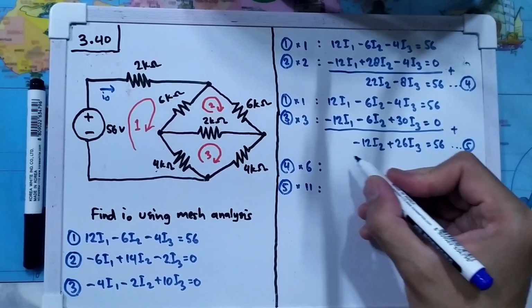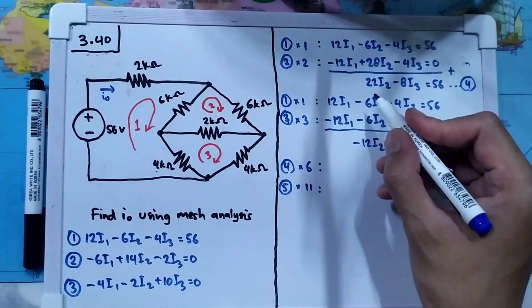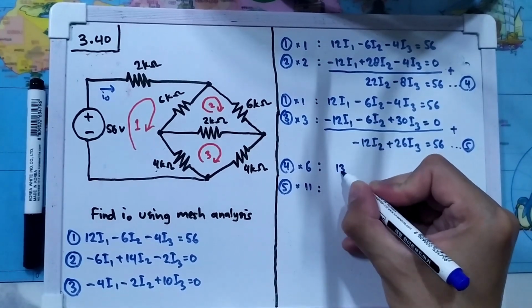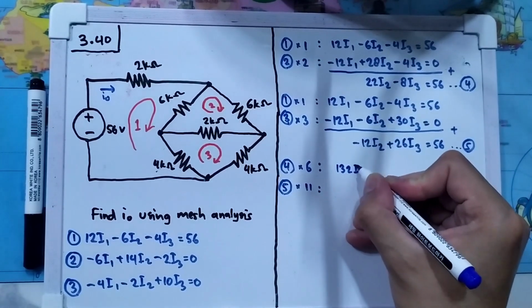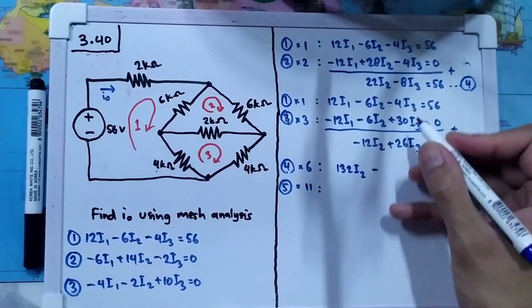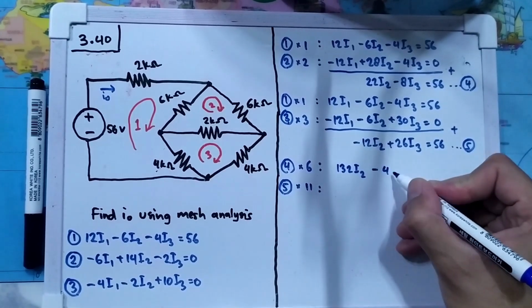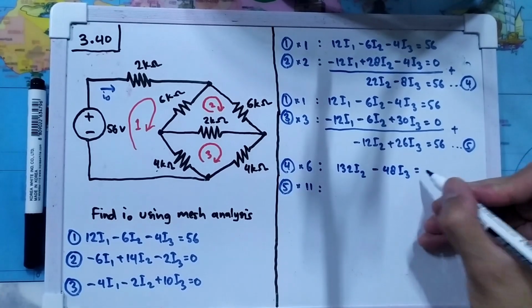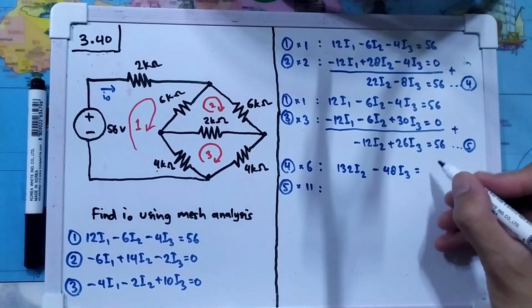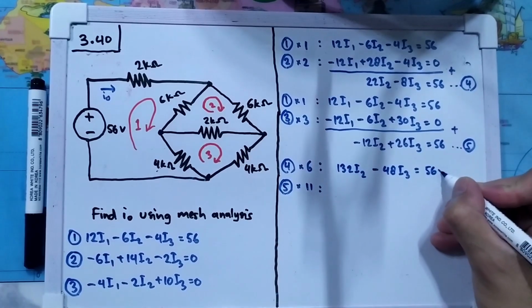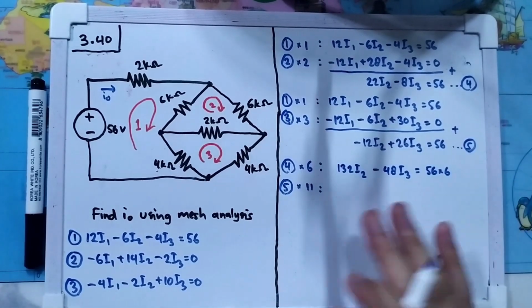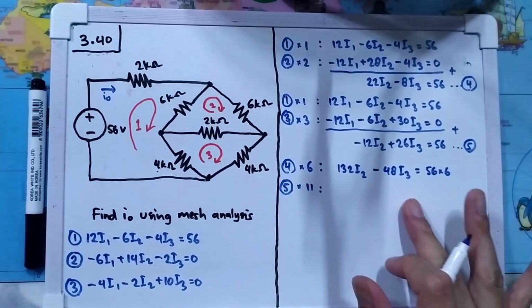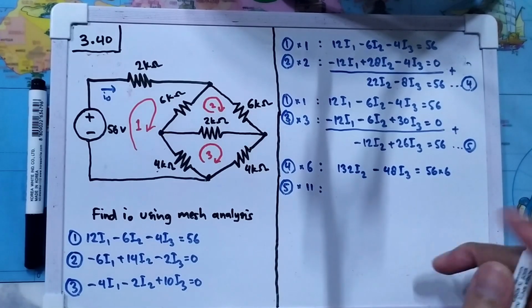Okay, and I will have 22 times 6 is 132 I2 minus 48 I3, and it will equal to 56 times 6. Okay, just leave it alone. I will resolve that later.